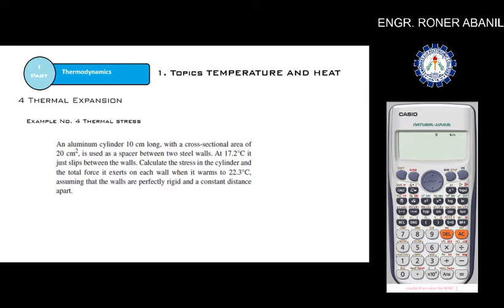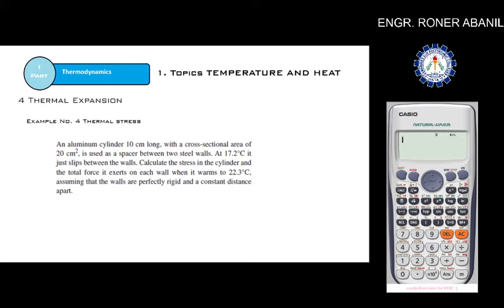So, ano yung scenario natin dito? So, meron daw cylinder na aluminum, made of aluminum na 10 cm. Tapos meron siyang cross-sectional area of 20 cm squared. Ginamit siyang spacer between two steel wall, no? So, nung una, merong temperature na 7.2 degrees Celsius nung inilagay siya doon sa wall na yon.